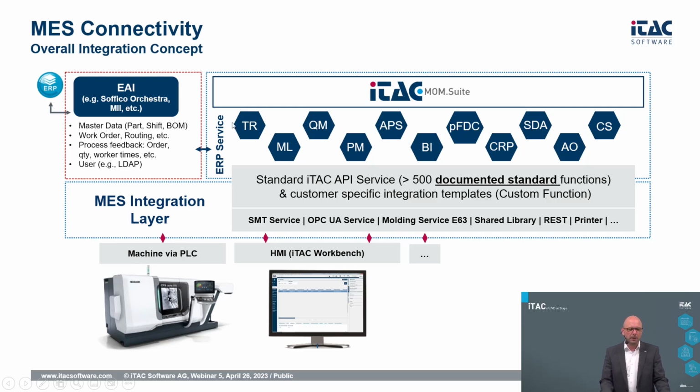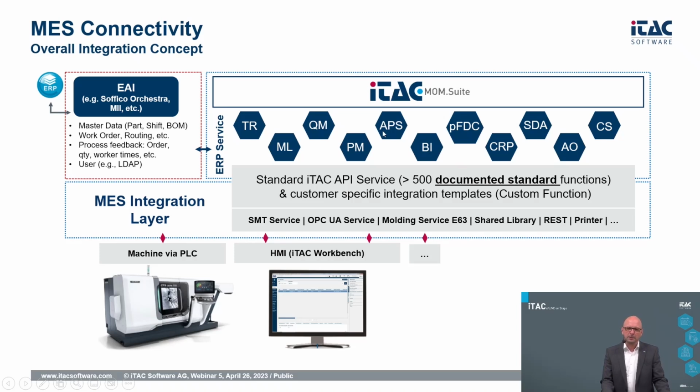So we have to integrate all this data into our iTAC.MOM.Suite. Then we have the different modules, traceability, material logistics, quality management, and so on. All this data is persistent in our system, in the database.